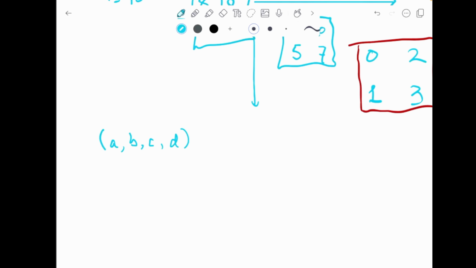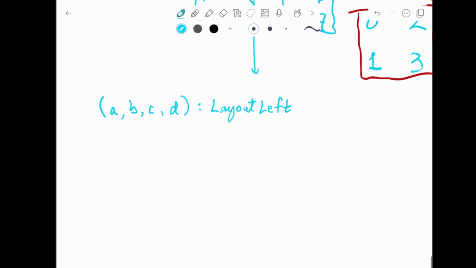So I can say something that's called layout left. Okay. And what is that? Well, it's the stride that is the running prefix product going from the left. So the layout left stride is, in this case, 1, A, AB, ABC.